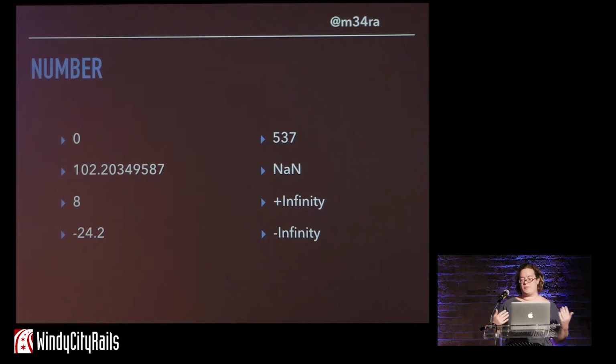And we also have a few special things. So we've got plus and minus infinity, which for the purposes of this talk, we're not going to worry about. And then we also have this thing called not a number, which is what this NaN up there stands for. Fun fact, if you call typeof on not a number, you get number, which is hilarious. Thanks, JavaScript. It's not a number, but it's a number.